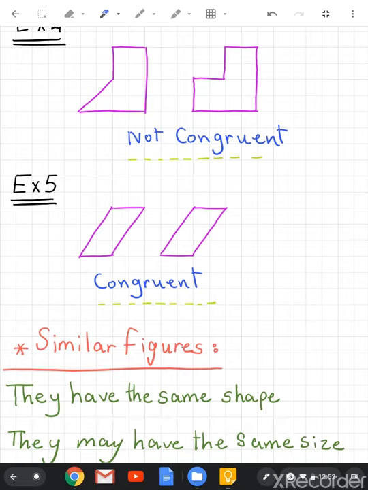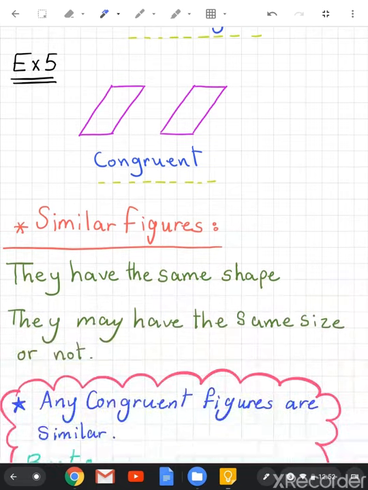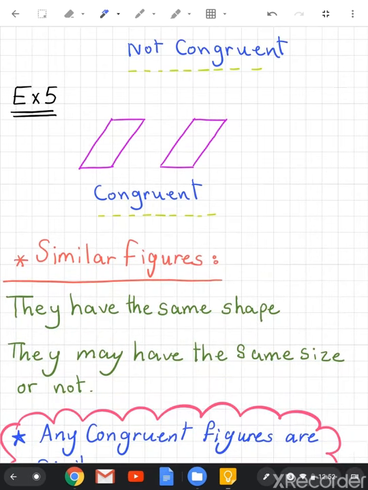Let us see what we mean by similar figures. Similar figures are figures that have the same shape, but they may have the same size or not. So if they are two squares, even if they are not the same size, they are similar.